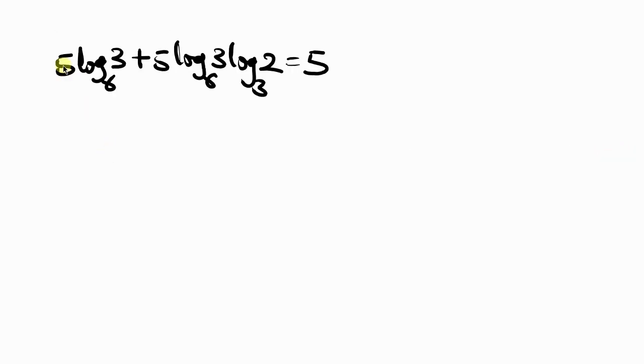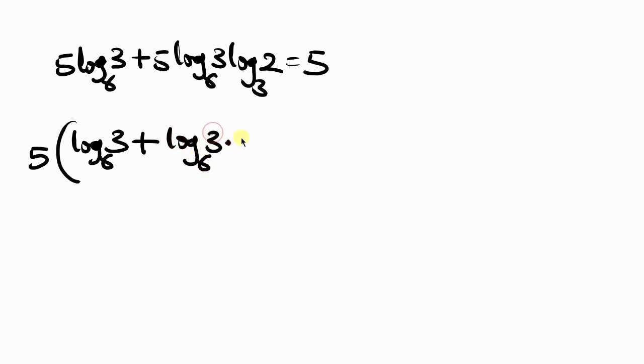Now notice that 5 is common, so we can factor out 5. Now open brackets. 5 has been factored out, so we are left with log base 6 of 3 plus log base 6 of 3 times log base 3 of 2. Very good. And this is equal to 5.